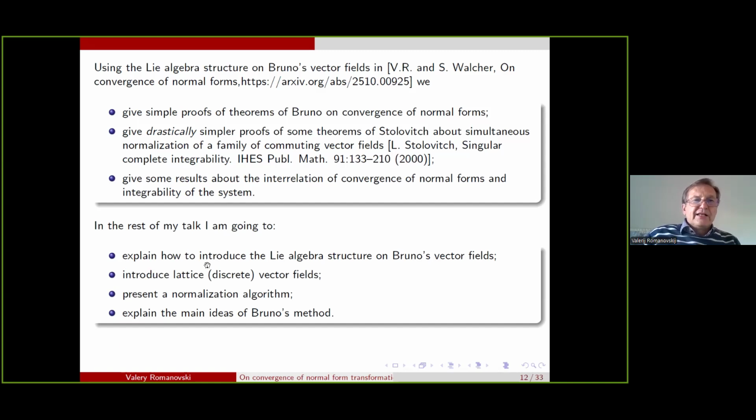In the rest of my talk, I'm going to explain how to introduce the Lie algebra structure on Bruno's vector fields, introduce the lattice of discrete vector fields, present the normalizing algorithm, and explain the main ideas of Bruno's method.